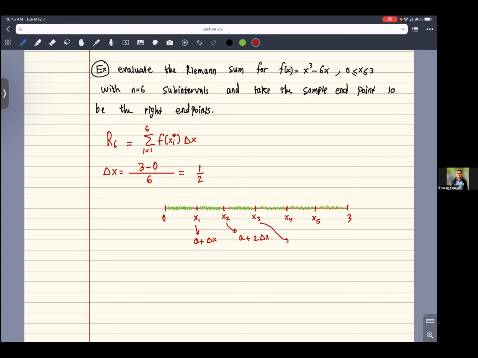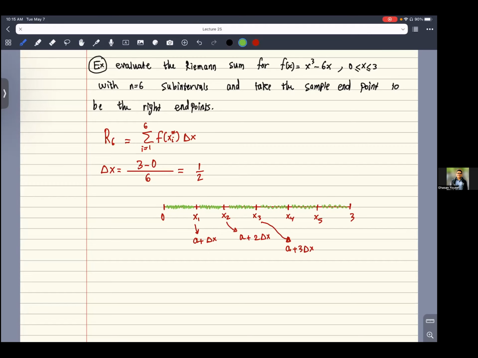This point is a, the first point, 0, plus 3 delta x, and so on for all of them. So for the first one, x1 is 0 plus delta x, which is 1/2, correct? The first point is 1/2. I'm gonna write it here, 1/2.